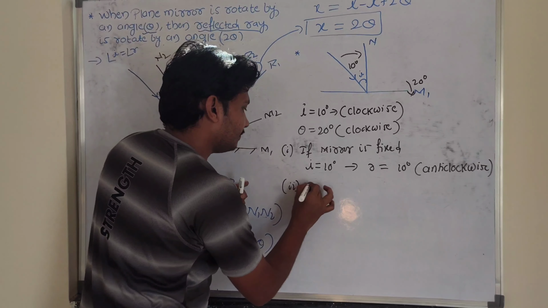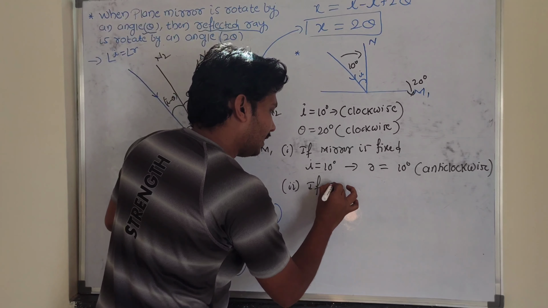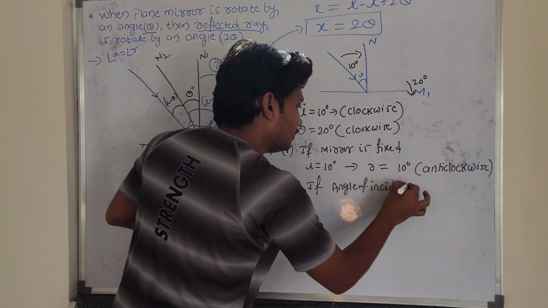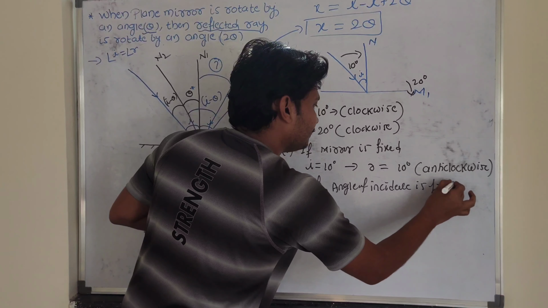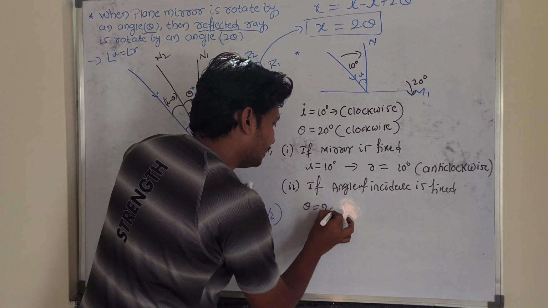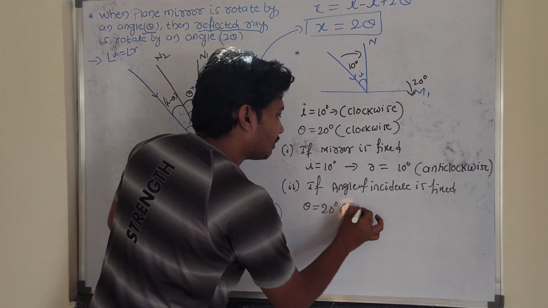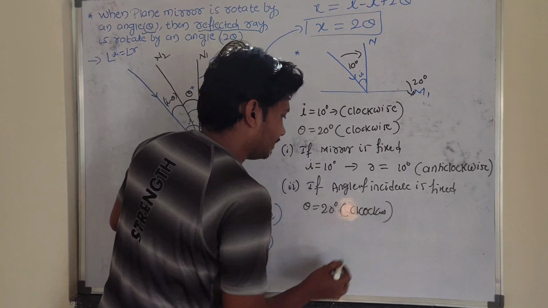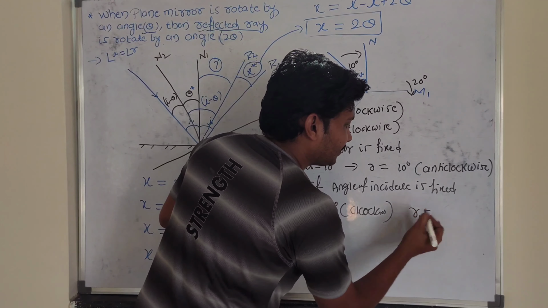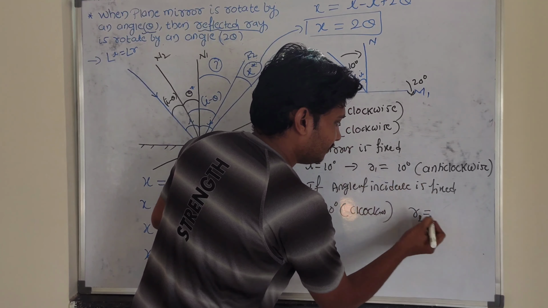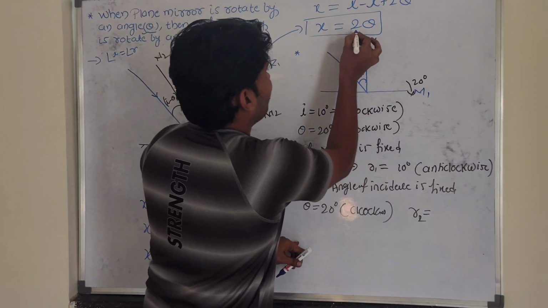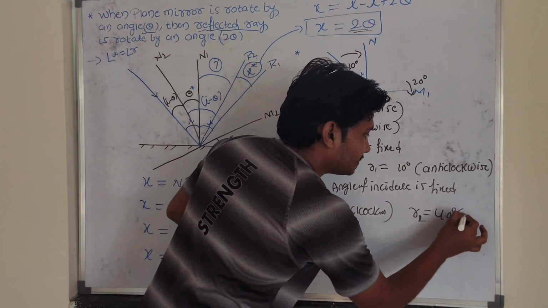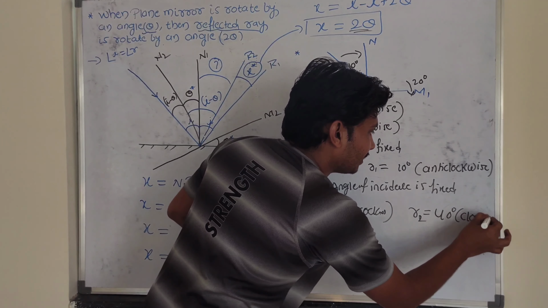The second situation is, if the angle of incidence is fixed, what about the theta value? The theta value is 20 degree in a clockwise direction. For example, this one is R1 and this one is R2. From this equation, the angle of reflection is 40 degree, and it is also in a clockwise direction.